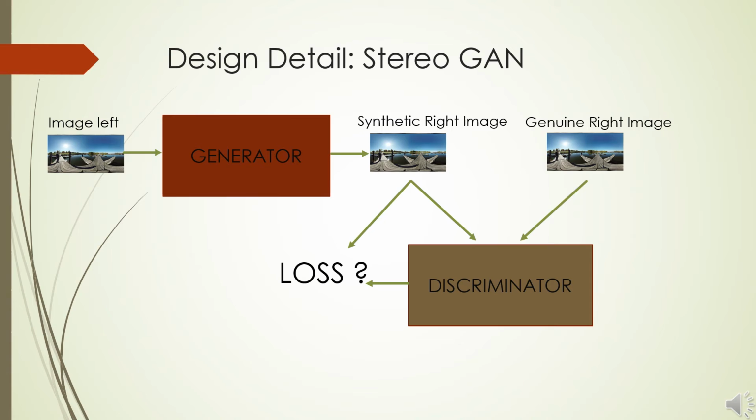This is the overview architecture of the GAN network that we use in our project. It includes 3 components: the generator, the discriminator, and the loss function. The generator receives a real image left and synthesizes the fake image right. The discriminator receives either the fake or the real image, and it has to detect the real or the fake ones.